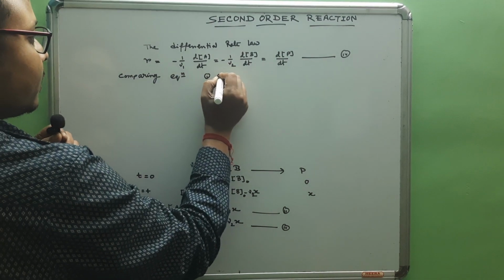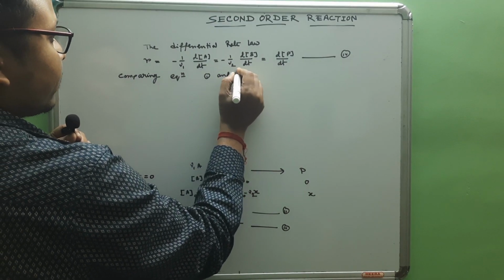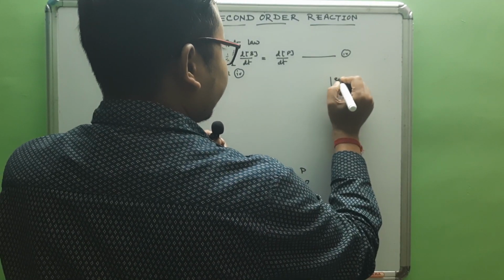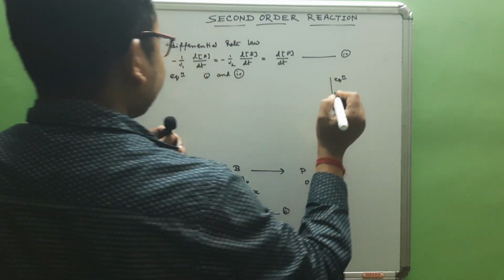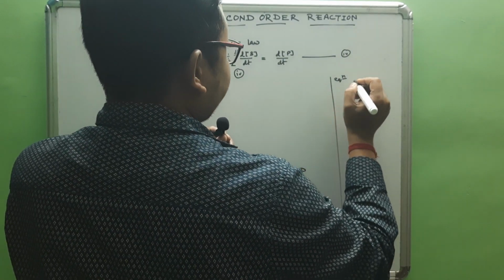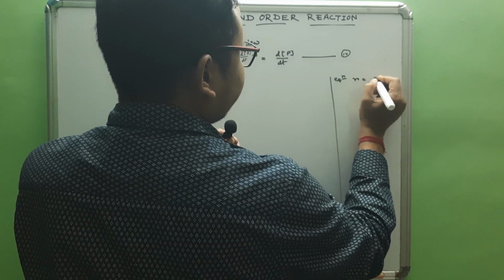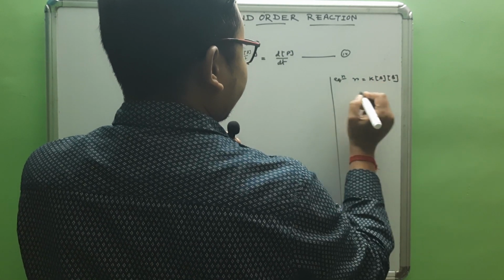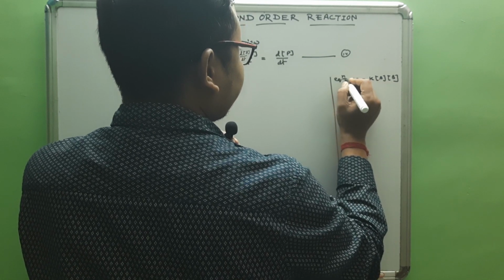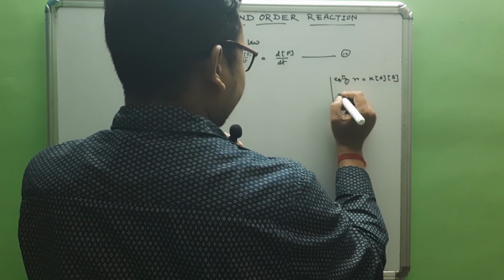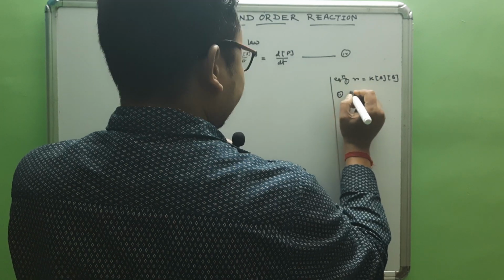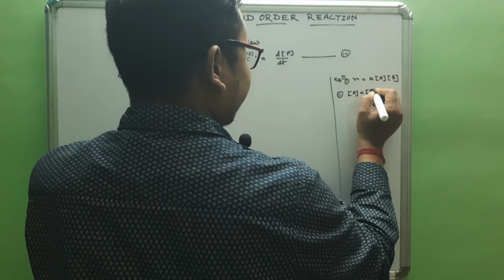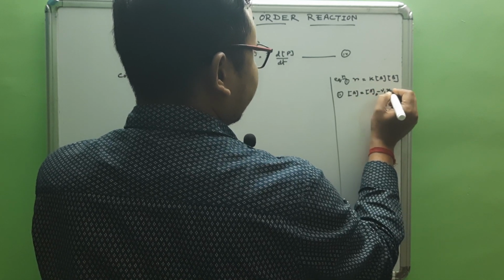Comparing equation 1 and 4, I am writing here all the equations. What was our equation 1? The rate equals the rate constant k into A into B. What is our equation 2? A equals A0 minus nu1 x.